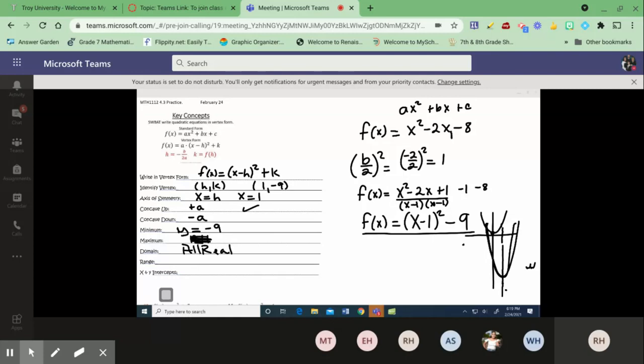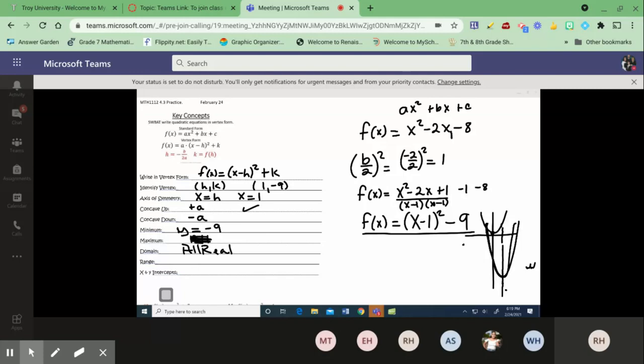I don't care if it's concave up, concave down. I don't care if it's been vertically stretched, horizontally stretched. I don't care if it's shifted left or right. If it's x squared, your domain is all real. Okay? So that's the answer every time. If y equals x squared is your parabola, your domain will be all real.